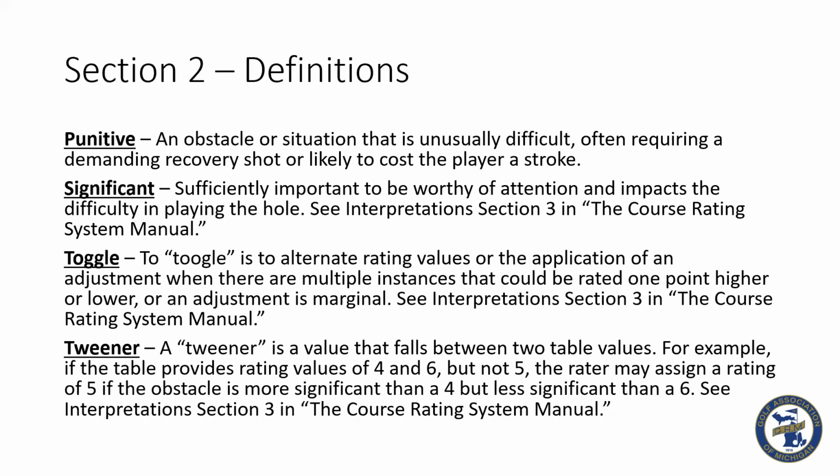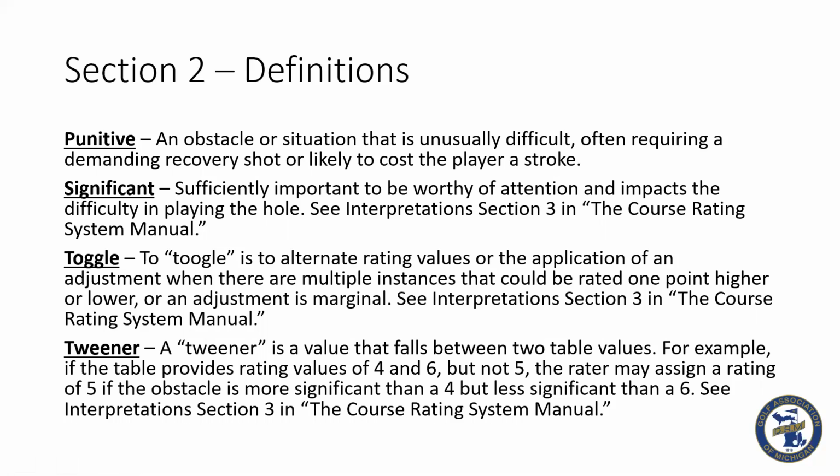A couple of these are, but we have the punitive definition, which means an obstacle or a situation is unusually difficult and often requires a demanding recovery shot, or is likely to cost a player a stroke. The way I think about this is that whenever I have to play a shot sideways or backwards, that would be punitive.